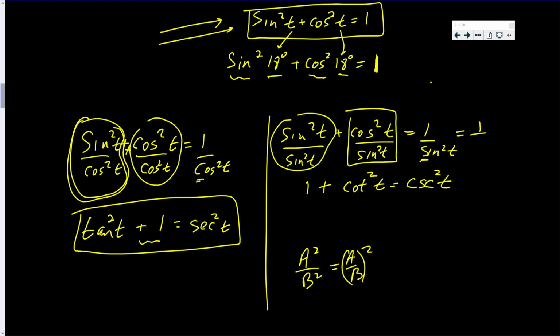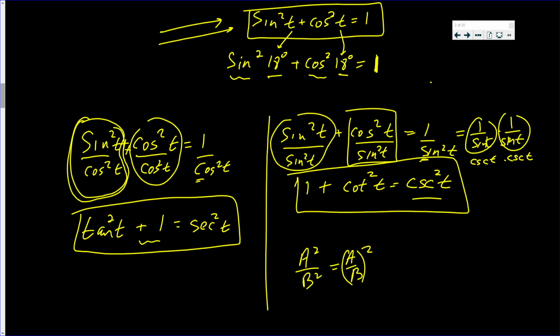Remember, this is 1 over sine t times another 1 over sine t. And each of those is cosecant t. And when you multiply it by itself 2 times, you get cosecant squared t. And this is another formula that you're going to use from time to time.